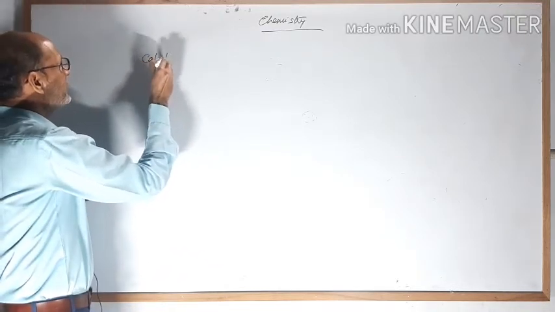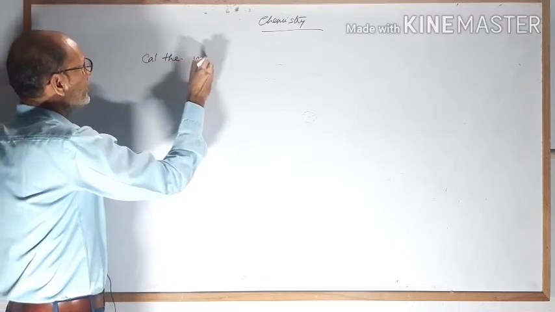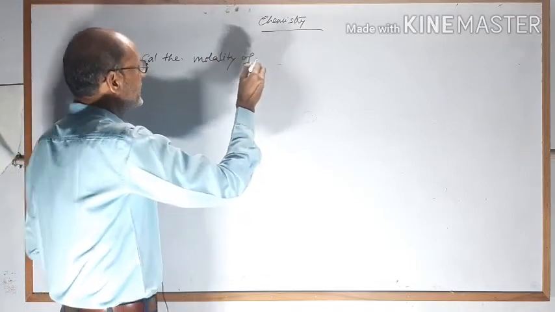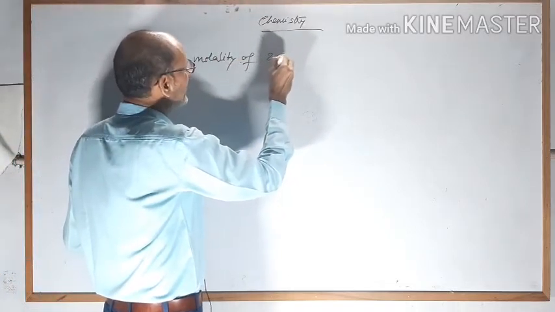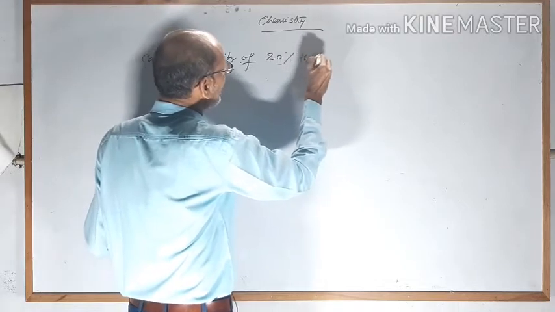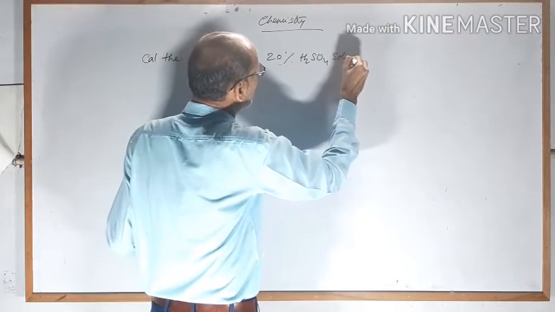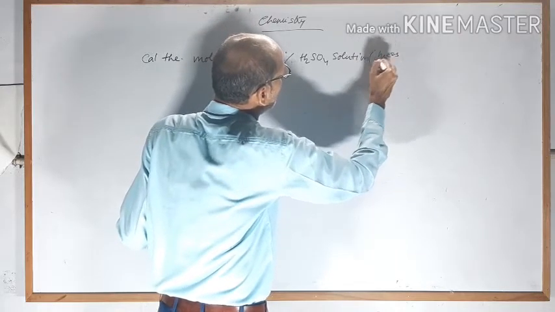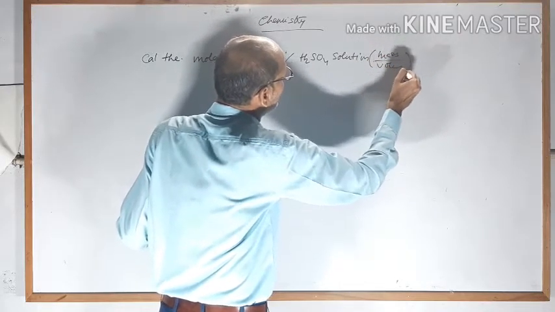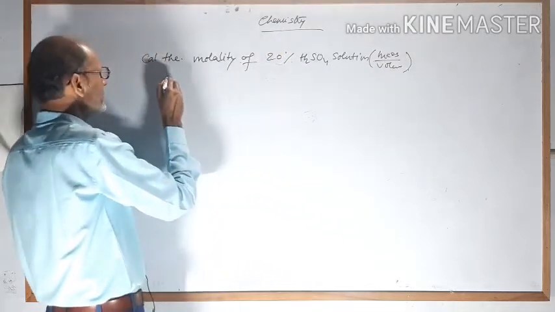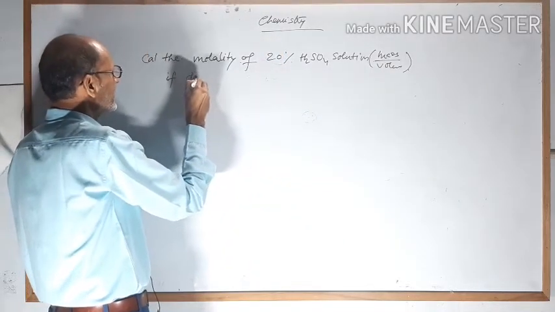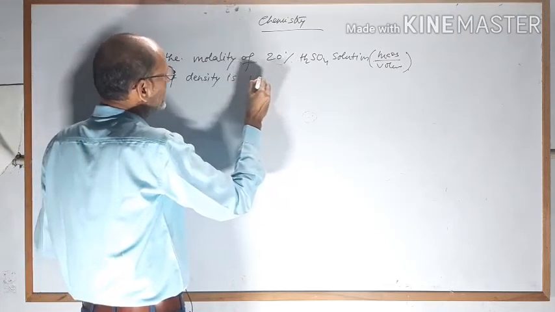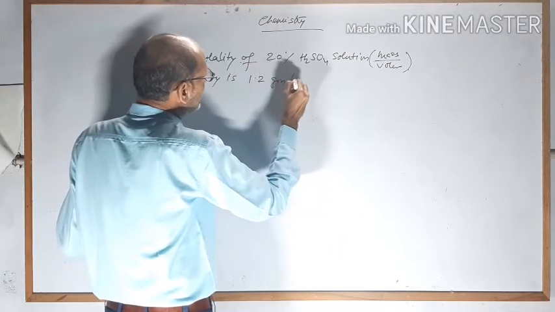Calculate the molality of 20% H2SO4 solution, mass by volume, if density is 1.2 gram per ml.